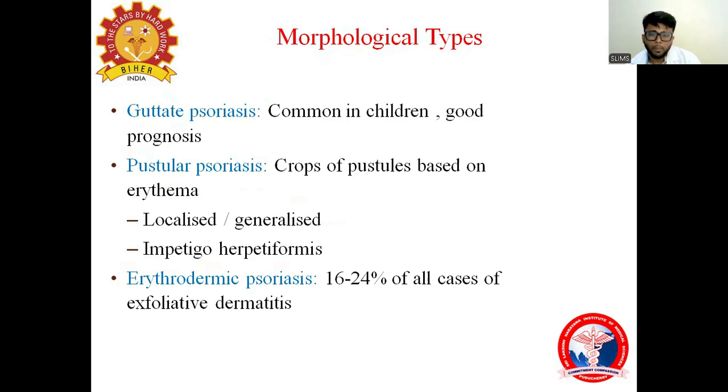And next one is pustular psoriasis. It is one of the worst forms of psoriasis, characterized by crops of pustules on a background of erythema. It is mainly due to improper treatment or sudden withdrawal of methotrexate or steroids.